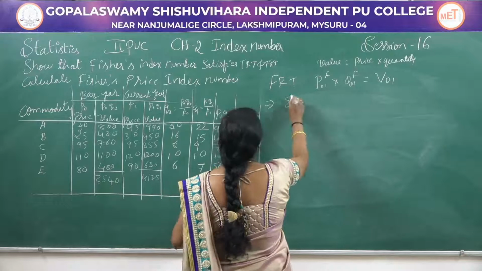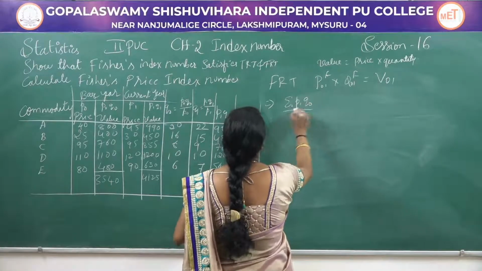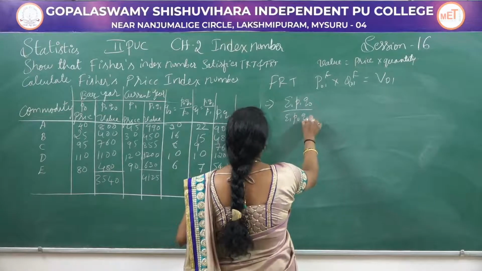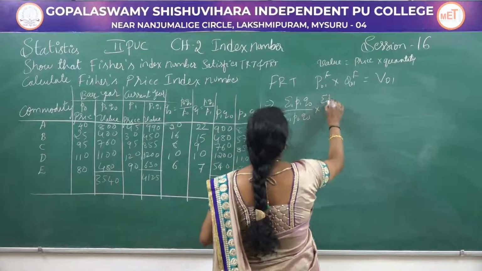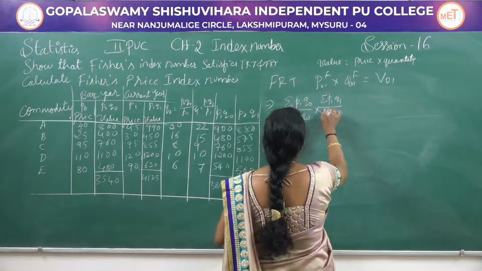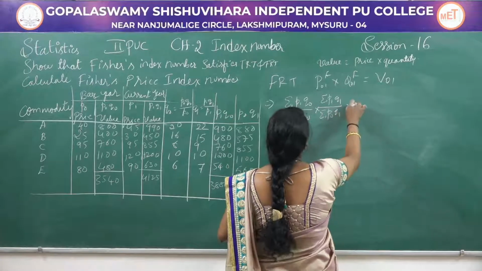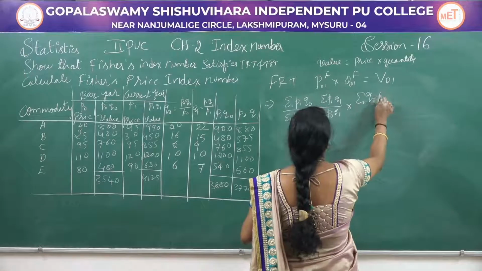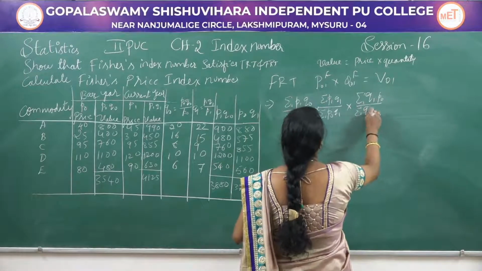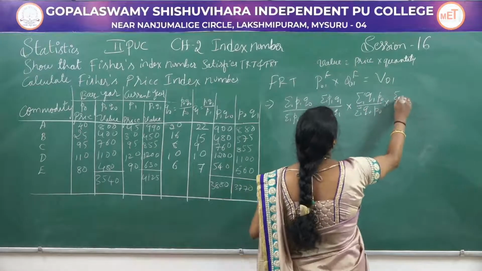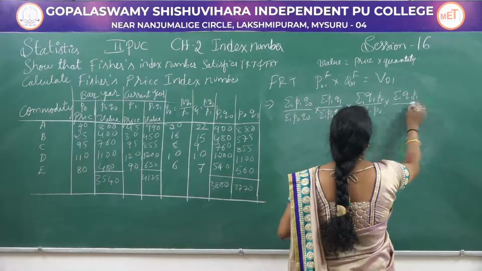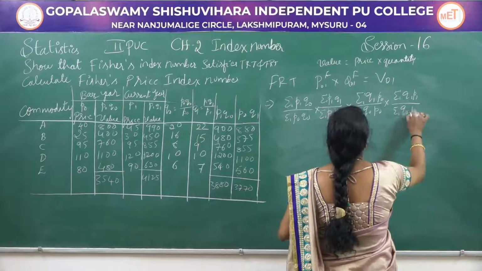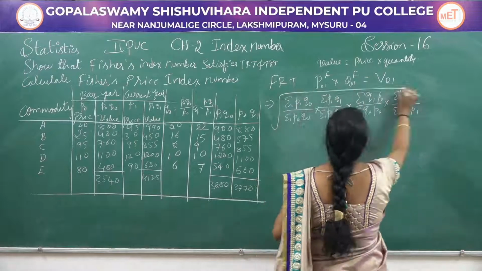That is, summation of P1 Q0 by summation of P0 Q0 into summation of P1 Q1 by summation of P0 Q1, into, for quantity, summation of Q1 P0 by summation of Q0 P0 into summation of Q1 P1 by summation of Q0 P1, the square root.